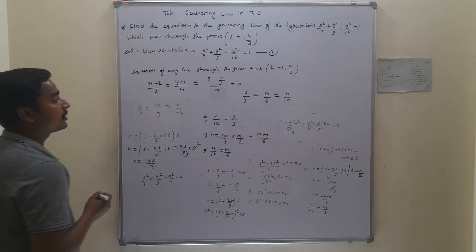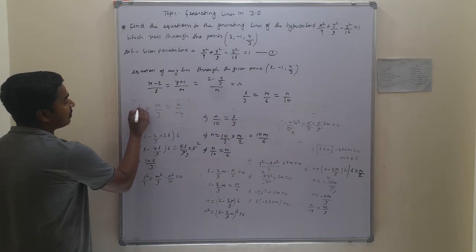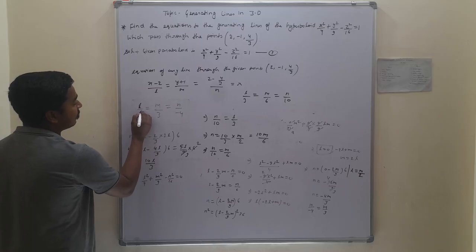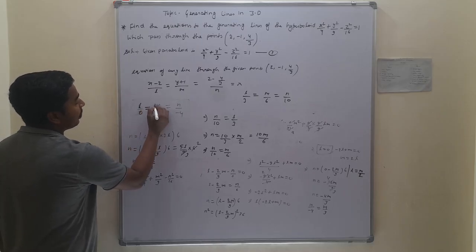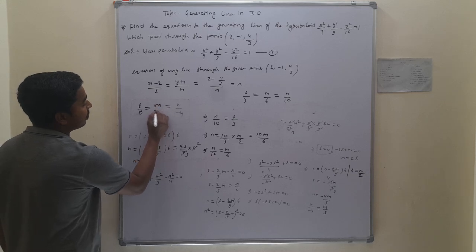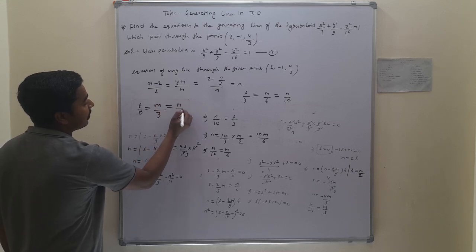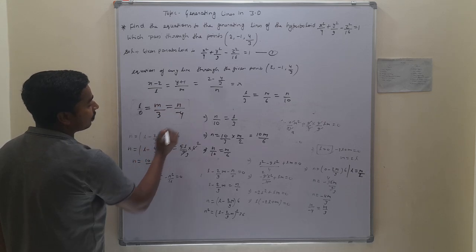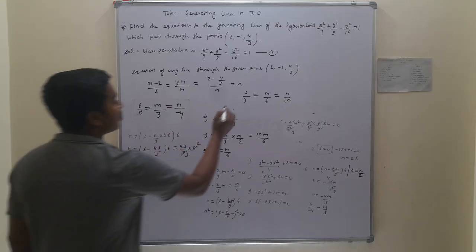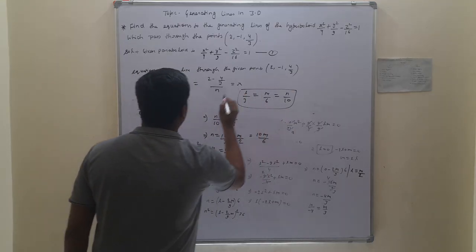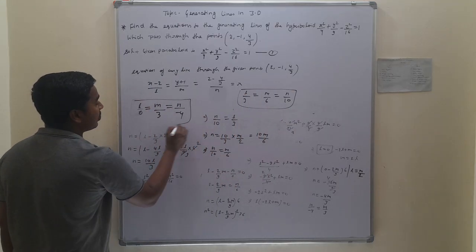Using the following result, L by 0 is equal to M by 3, and this is equal to N upon minus 4, and using these two results we write the generating lines of the equation.